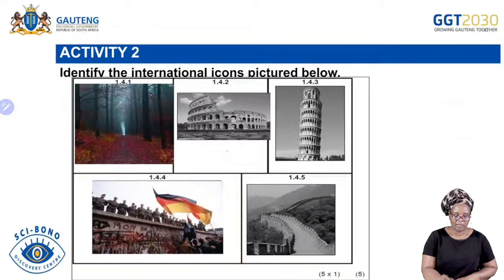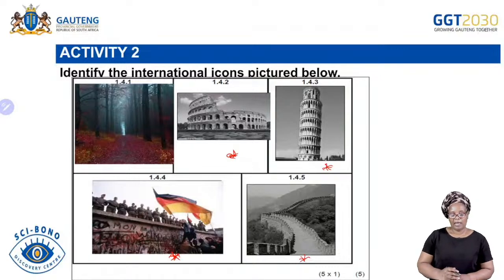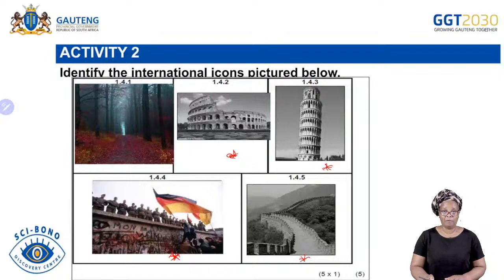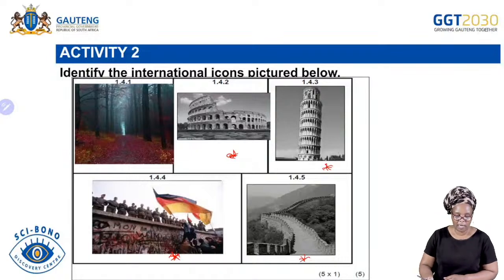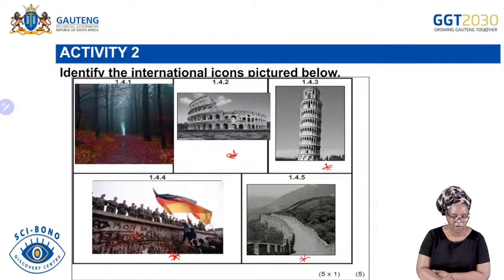The second one is this one, 1.4.2. And the third one, it is this one, 1.4.3. The fourth one, it is this one. Please take a look at them. 1.5, take a look at this one also. These are the icons that we have just talked about now. So I want you to look at this one. The first one, you can see that we have a lot and lots of trees.